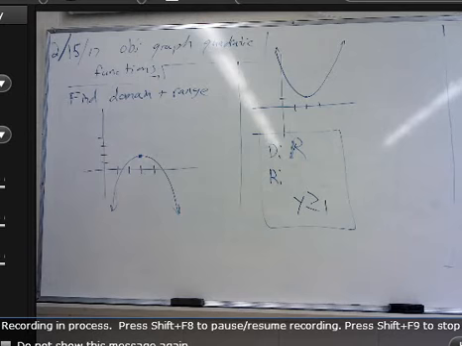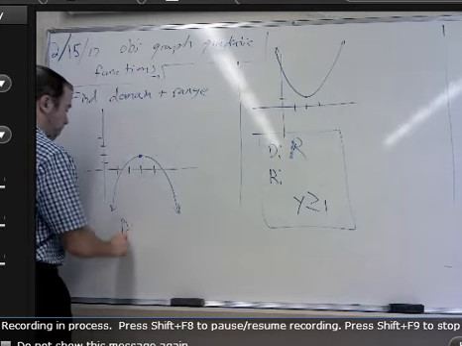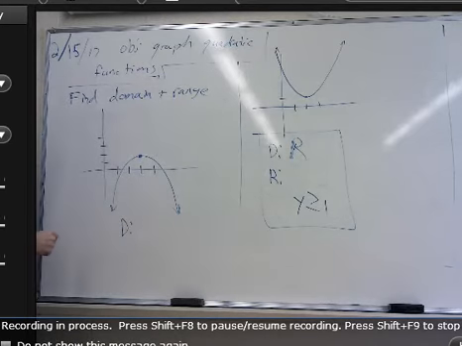We should be done, right? What do you got for the domain? I'm questioning if I should put all real numbers, but I don't feel like that's right.